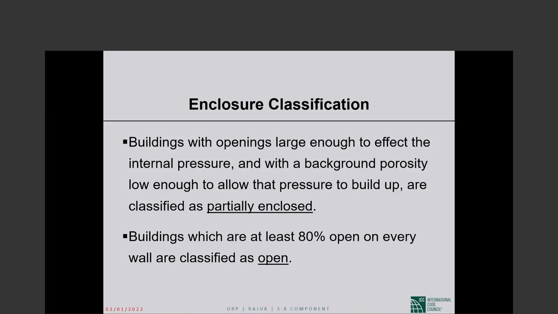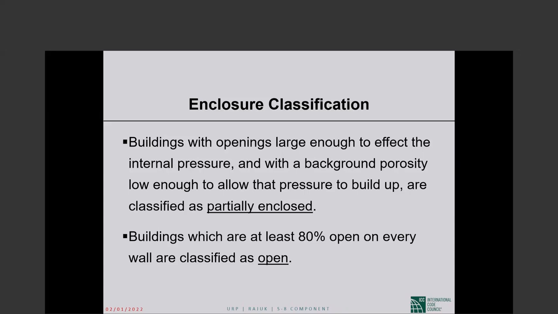That is a partially enclosed building. I will repeat. It has windward openings, it has suction openings, but windward openings predominate so that more wind gets in than can get out. So we have positive pressure buildup.